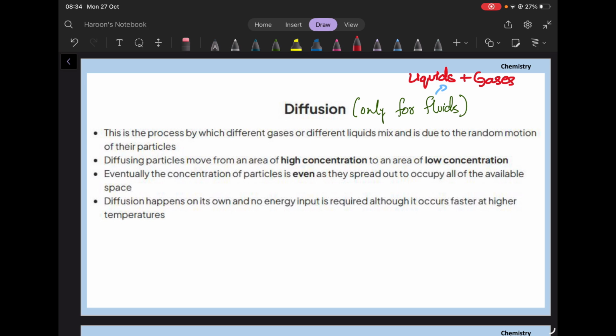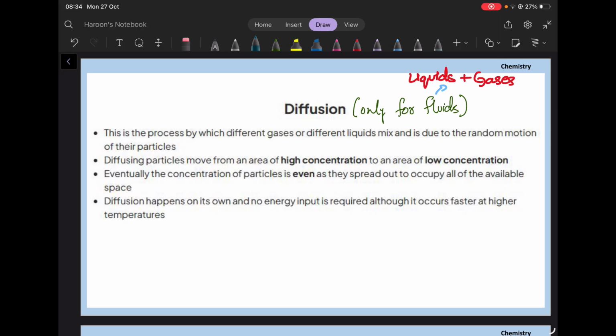Anything that flows basically would be a fluid, and solids cannot flow. So this is a process that only occurs in fluids. And because the particles are faster moving in a gaseous state, diffusion would also be faster in a gas as compared to liquid.